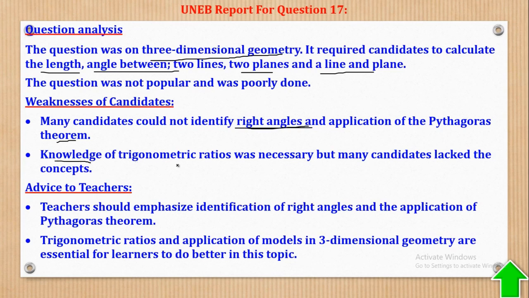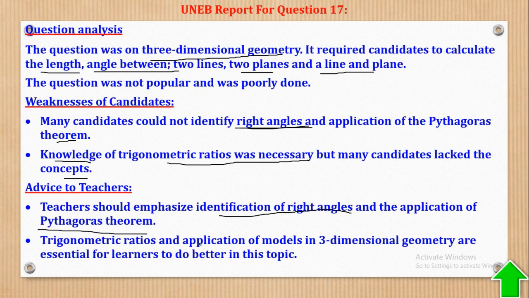The knowledge of trigonometric ratios was necessary, but many candidates lacked the concepts. So identifying the opposite, adjacent, hypotenuse and using SOHCAHTOA was not easy for candidates.